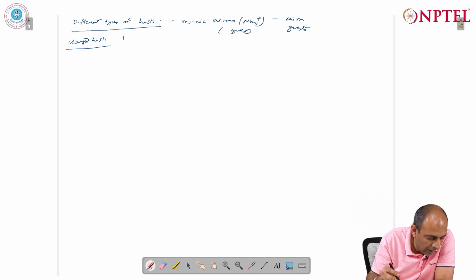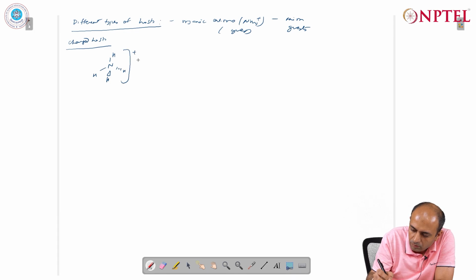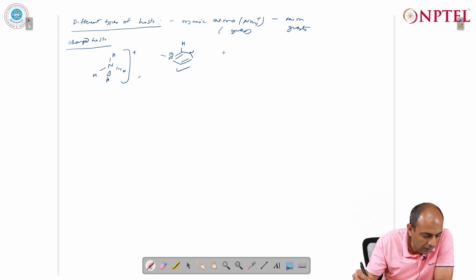So we can have species which, to start with, are the ammonium cation, then we can have this species as the charged one.